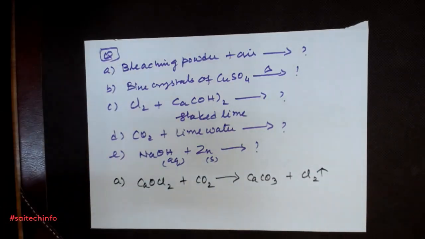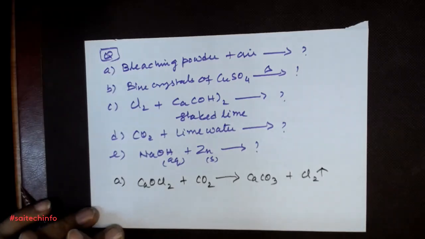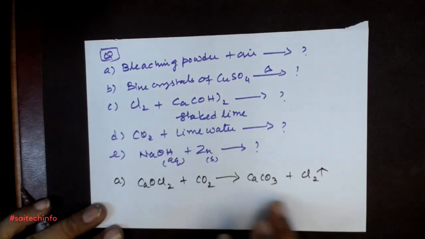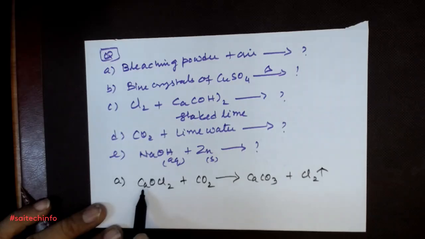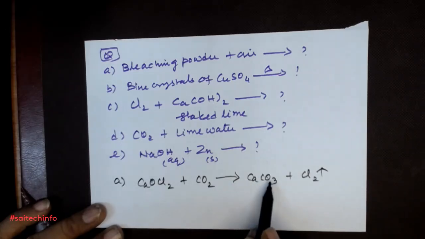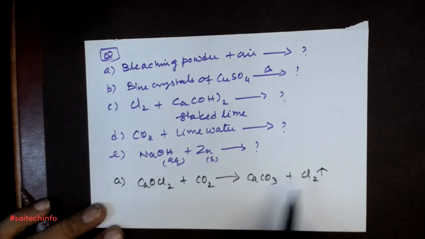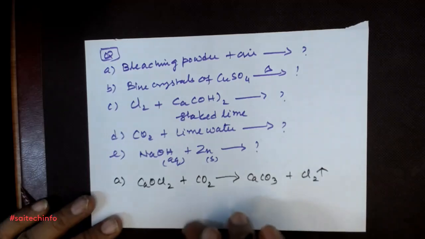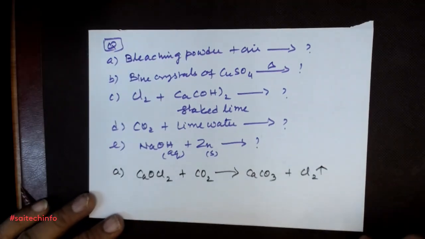That is why we apply this bleaching powder in toilets and bathrooms. And this is the balanced chemical equation. Ca, O totally 3, so here also 3. 2 chlorine, 2 chlorine. 1 carbon, 1 carbon. So already balanced.